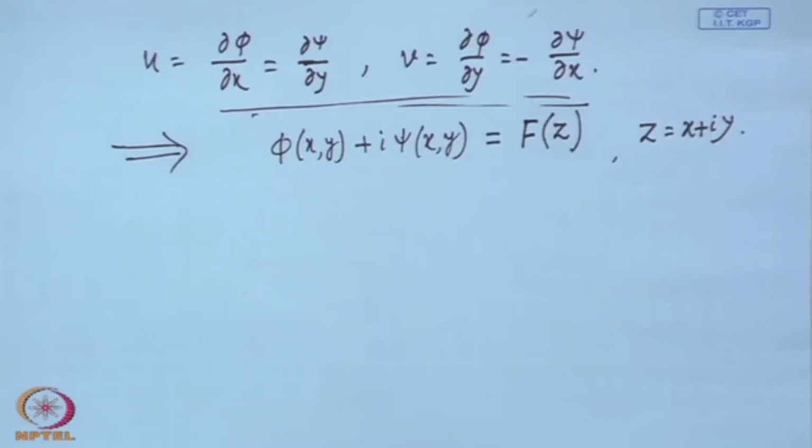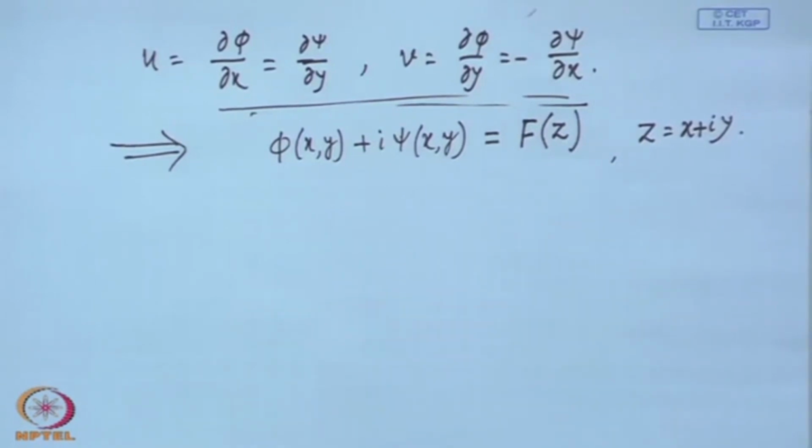And then we defined this f(z) to be the complex potential and df/dz to be the complex velocity, which happens to be u minus i v.